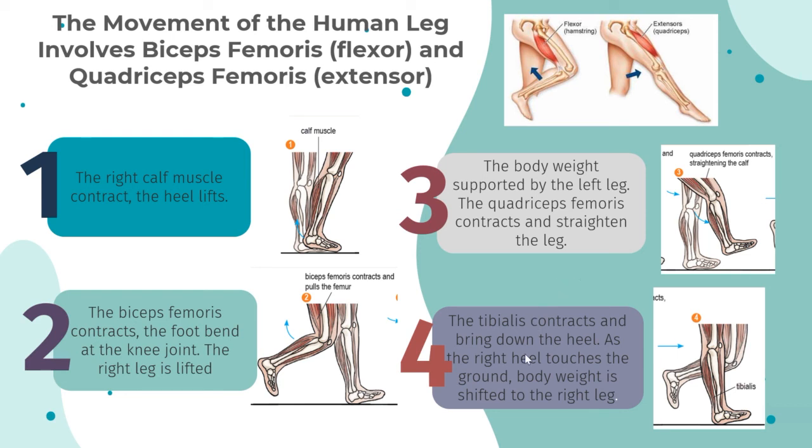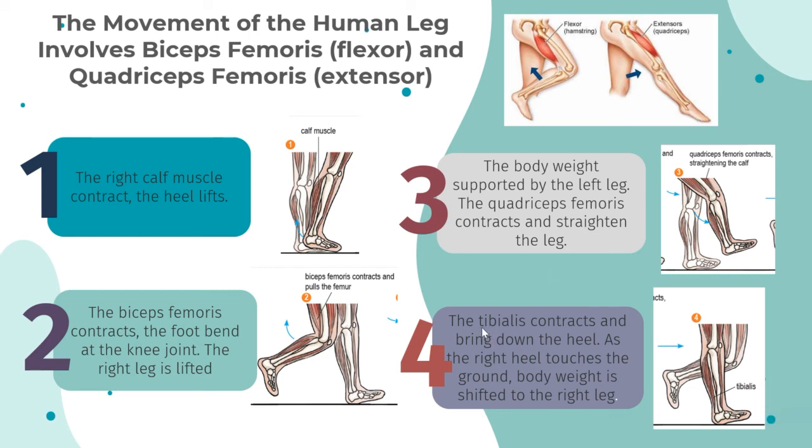Right, and then number 4, the tibialis. The tibialis contracts, becomes shortened, and brings down the heel. As the right heel touches the ground, the body weight is shifted to the right leg.